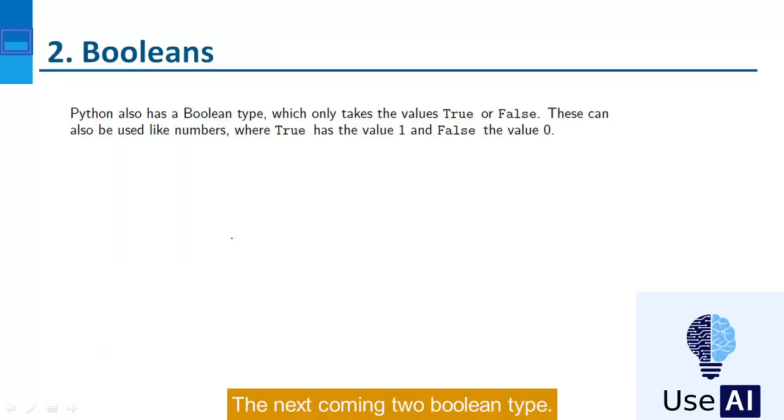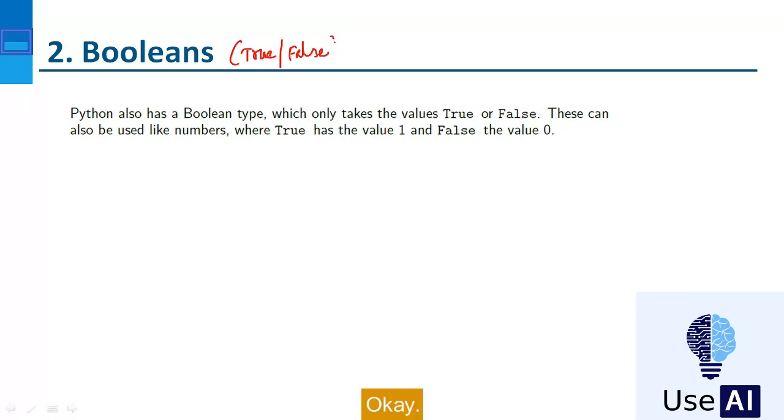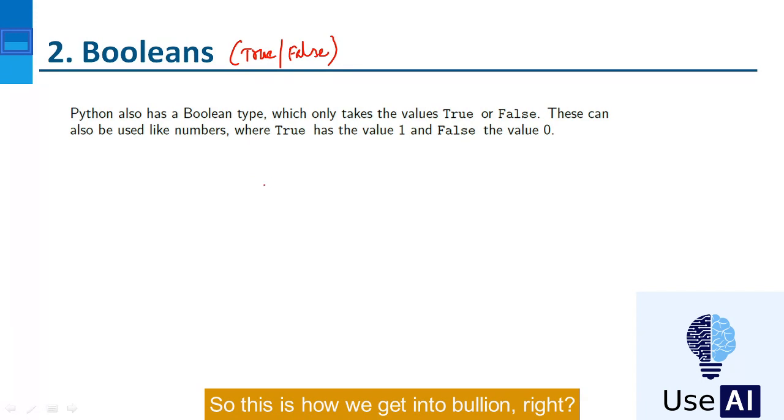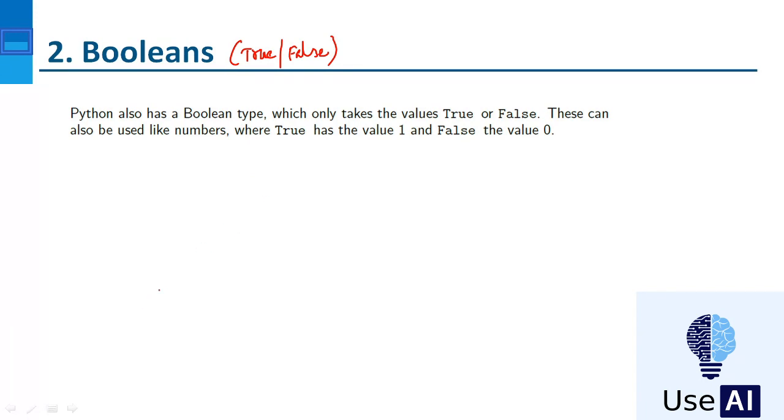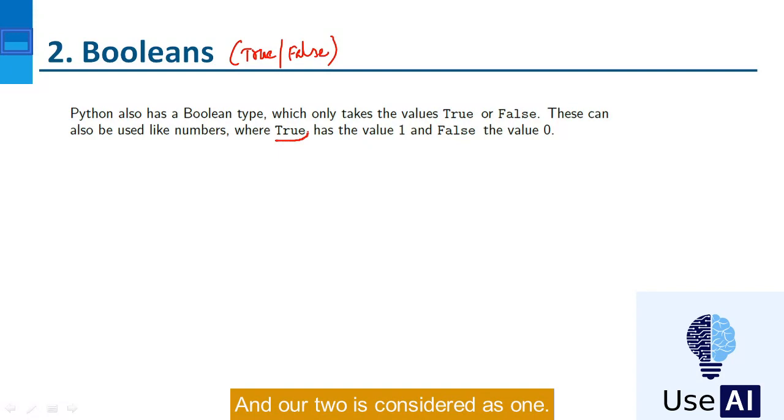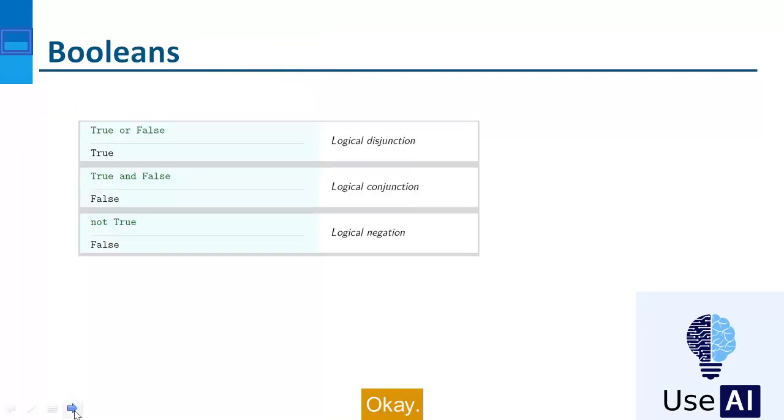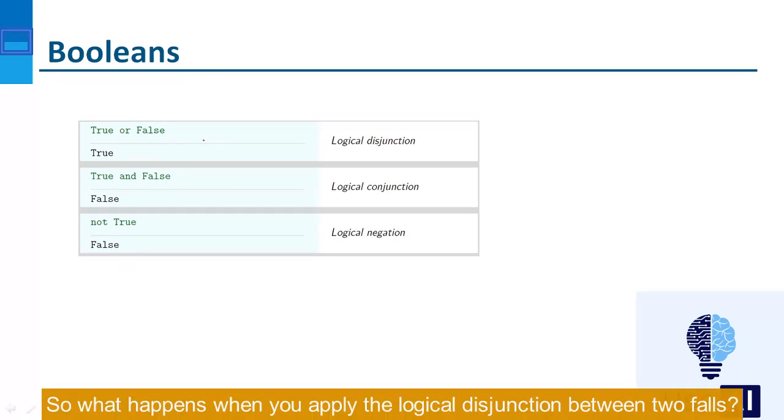And next, coming to Boolean type. So Python allows Boolean type. Boolean means, always remember, it is either true or false. Okay. So this is how we can represent Boolean, right? And true is considered as 1, or any non-zero value is considered as true, and false is the representation of 0. Okay. So what happens when you apply logical disjunction between true and false?